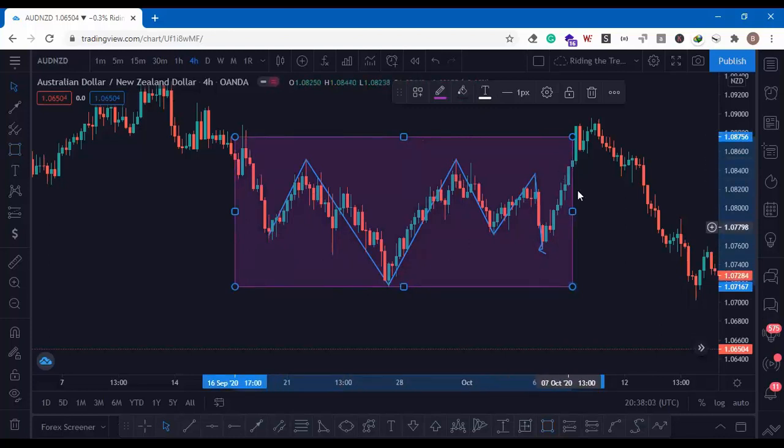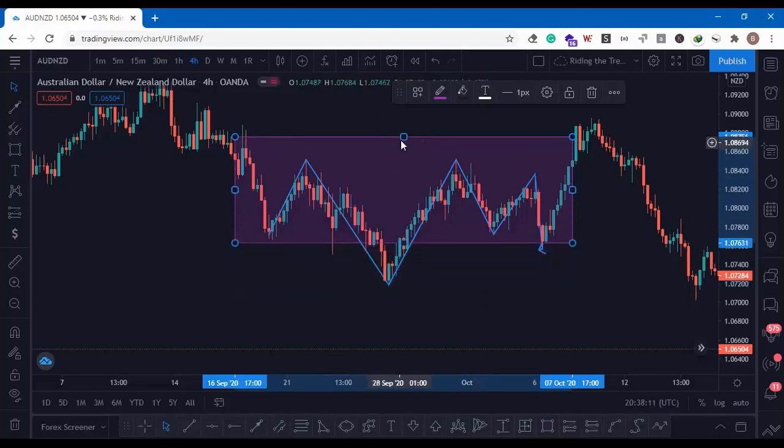Even though there are ways to trade it during this phase of the market, you totally ignore it. Wait for it to break out, either at the top or at the bottom.